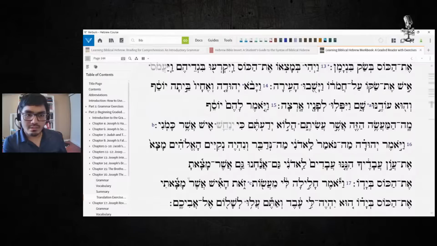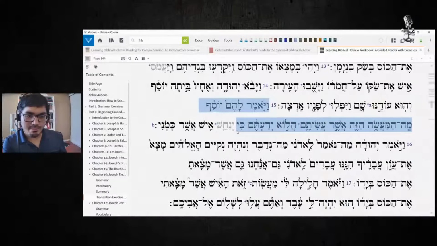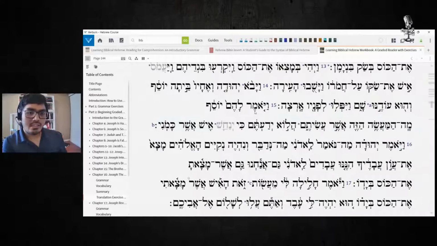Verse 15, Vayomer lahem Yosef ma hamaaseh hazeh asher asitem halo yadatem ki yinachesh ish asher kamoni. And Joseph said to them, What is this deed which you've done?